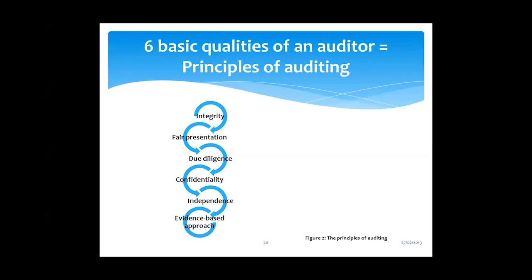Be unbiased and maintain objectivity to ensure that the audit findings and conclusions are based only on the audit evidence. The final one is the evidence-based approach. The audit evidence should be able to be verified. This is very important, that when you're conducting any audits, you have to have clear evidence that you can gather from the audits.